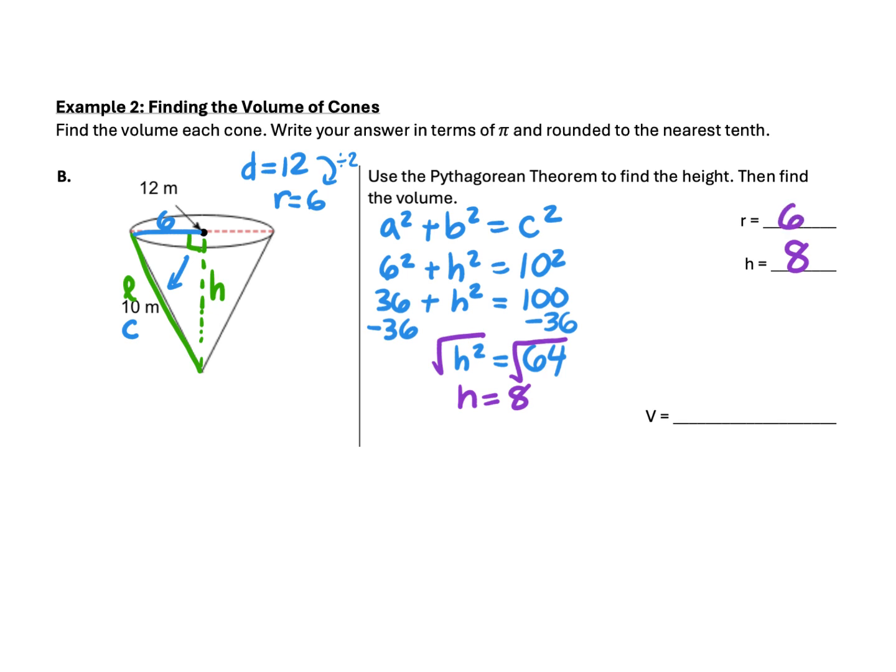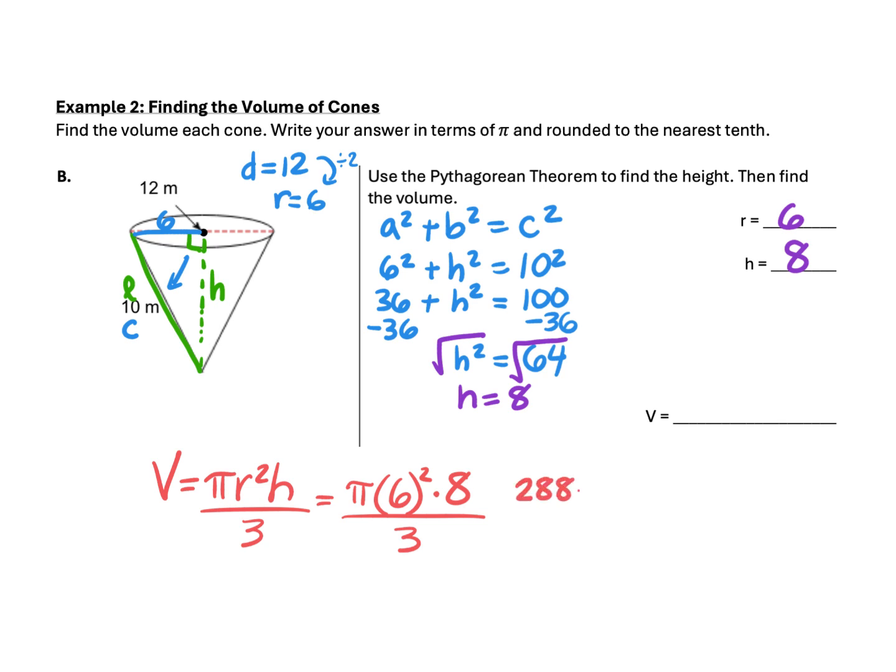Our radius is 6, our height is 8. So if we use our volume equation, pi r squared h divided by 3, that's going to be pi times 6 squared times 8 divided by 3. And when you type that in, you're going to take 6 squared times 8, which is 36 times 8, 288, and 288 pi divided by 3.